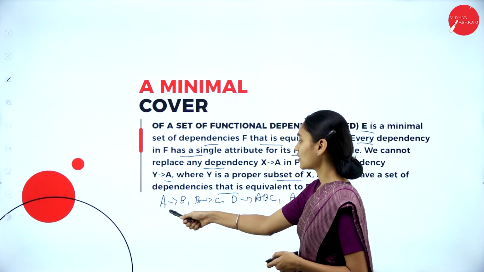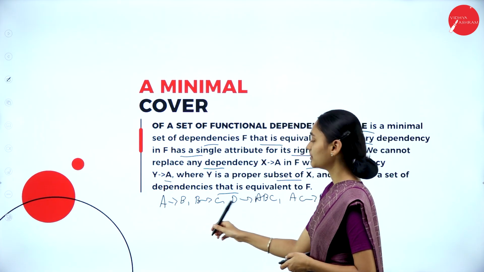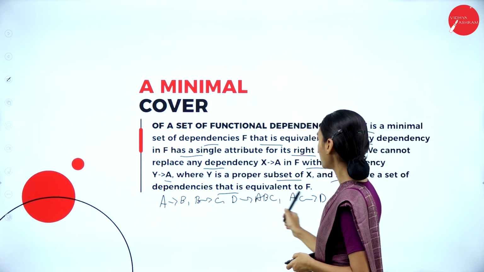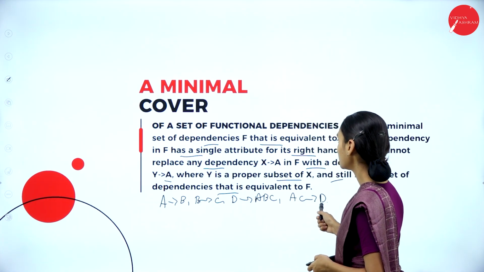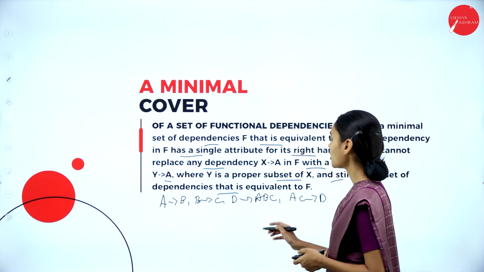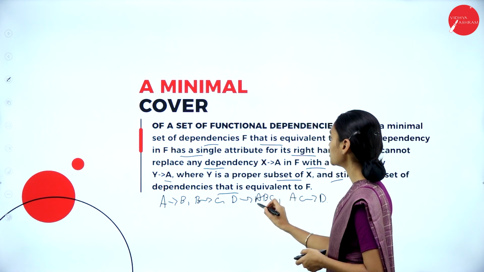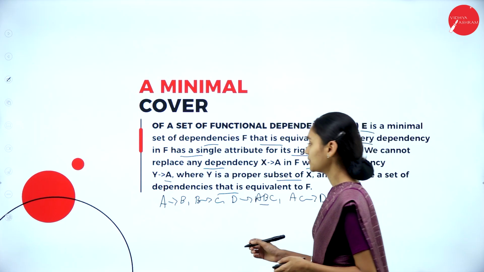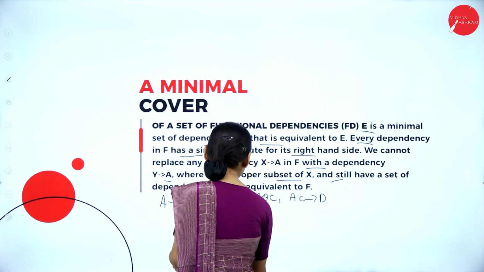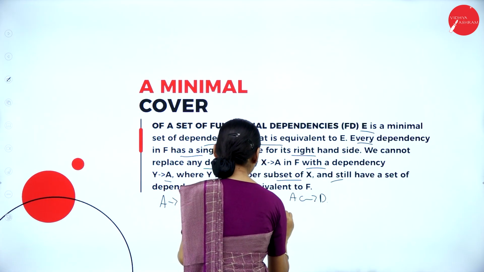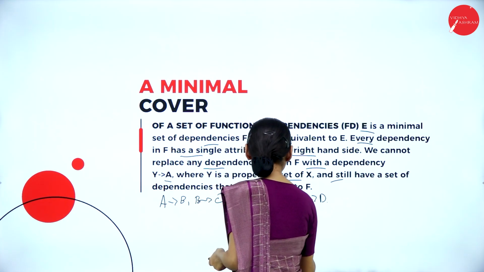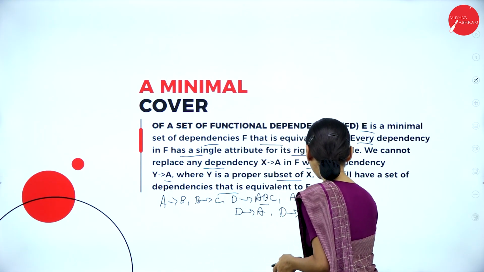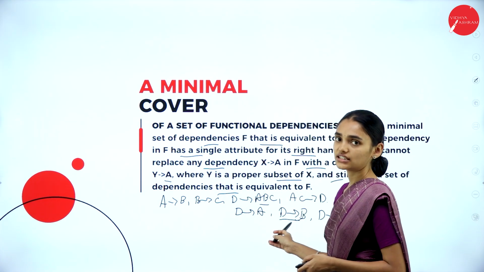Here B is dependent on A, C is dependent on B, AB is dependent on A and AC is dependent on B. As per the definition, the right hand side should be a single attribute. Now we have to split into single attributes, that is D A, D B and D C. So here the redundancy occurs.